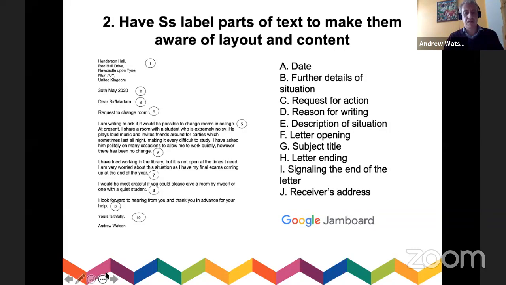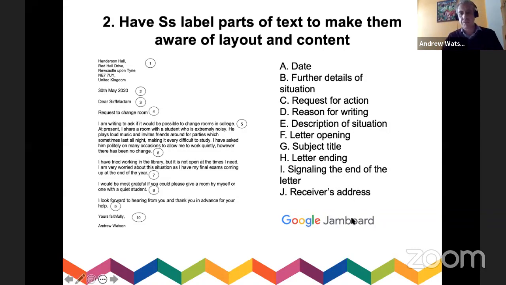So I'm going to show you a technique, and it's called Jamboard. It's like a whiteboard, interactive whiteboard online. And what you have to do with this is label the parts of the letter.